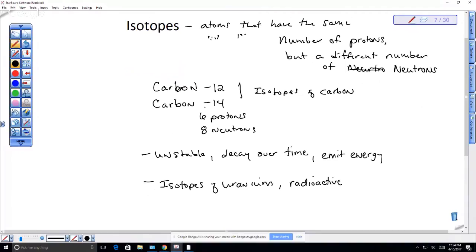And what radioactivity does to our molecules, specifically to our DNA, is it causes the DNA to mutate. And so this causes the cells to not be able to function because their genetic material has been damaged.